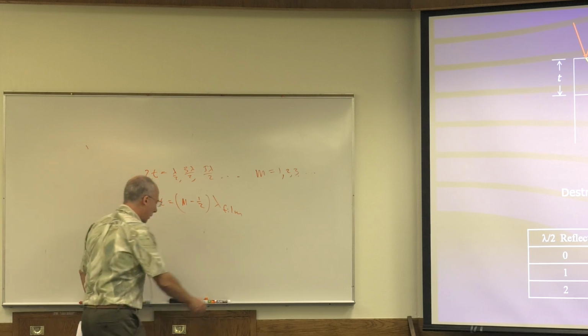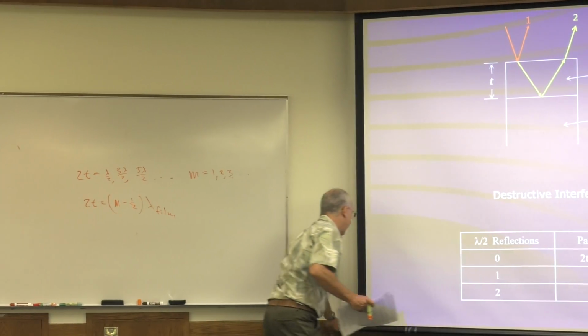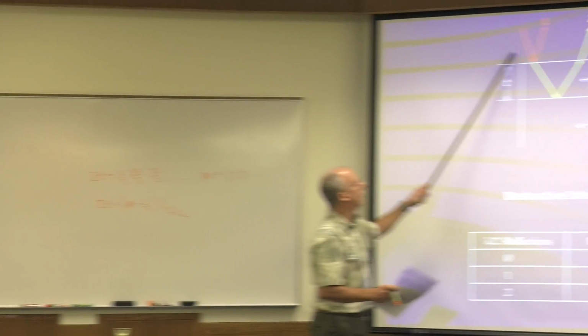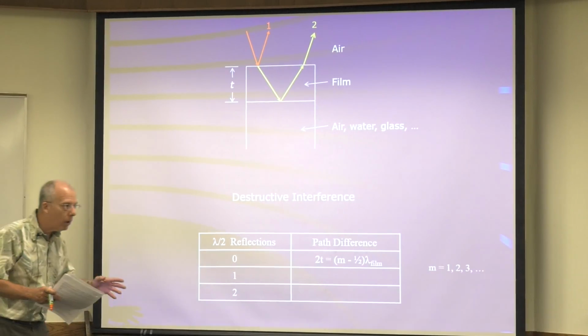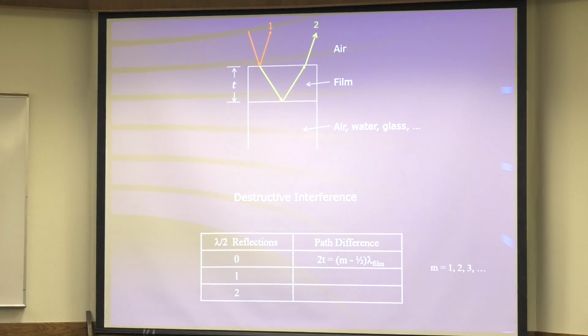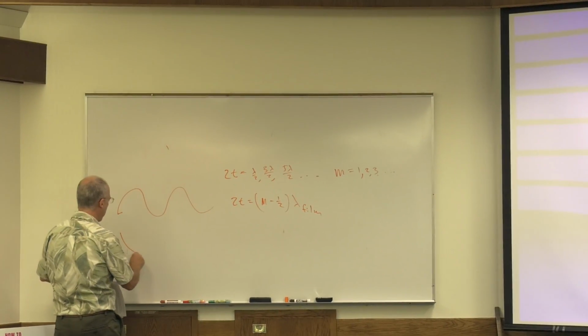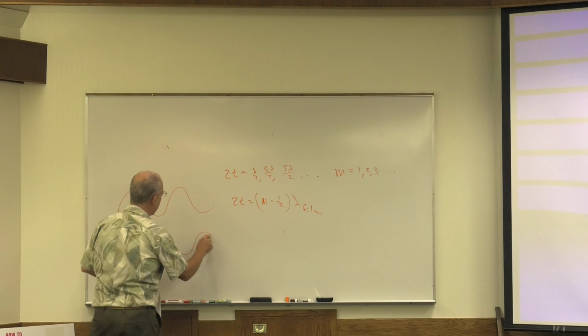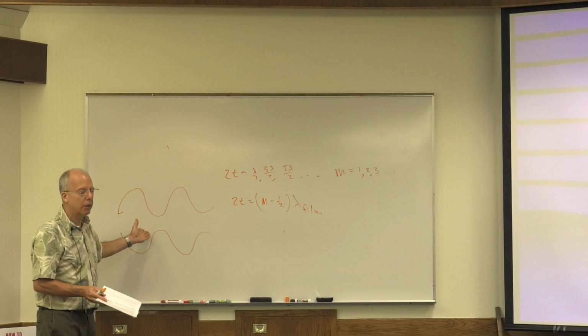All right, now let's do the next one. Now let's say we have one reflection. Again, I don't care if it's here or here, but we have one reflection. So now we have one wave like this, but the other one is flipped a half a wavelength, so it's already like that. So look, if we just leave that alone, we're going to get destructive interference, right?